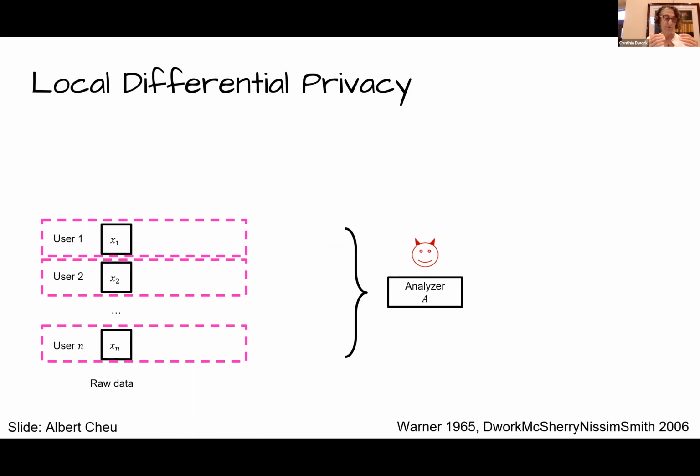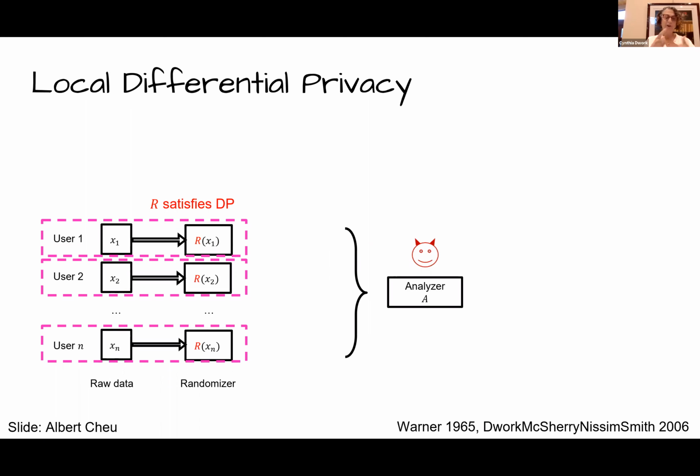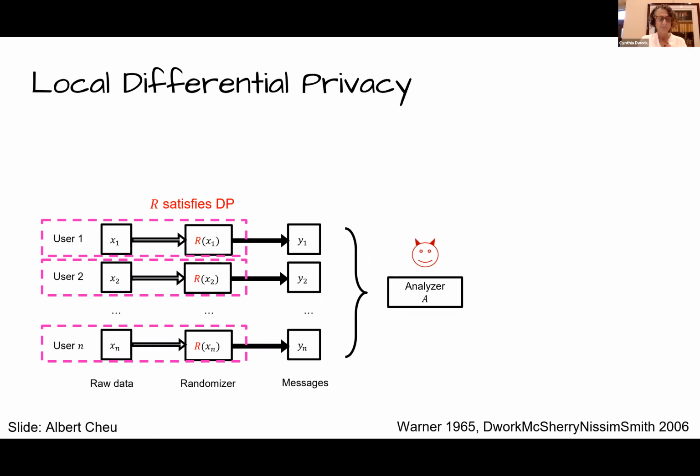We have our users, and each user has data, X1, X2, and so on. And then the user applies some randomization operation. So X1 gets mapped to R of X1, X2 to R of X2, and so on. And that yields some messages.